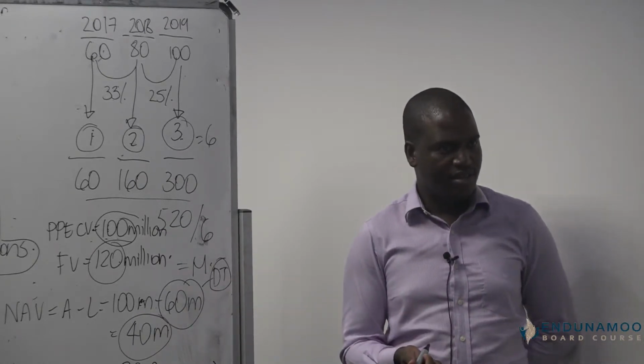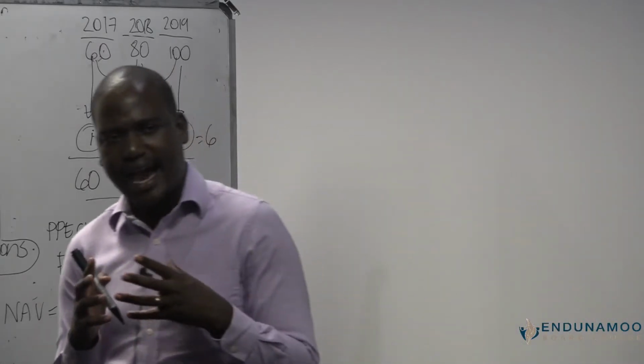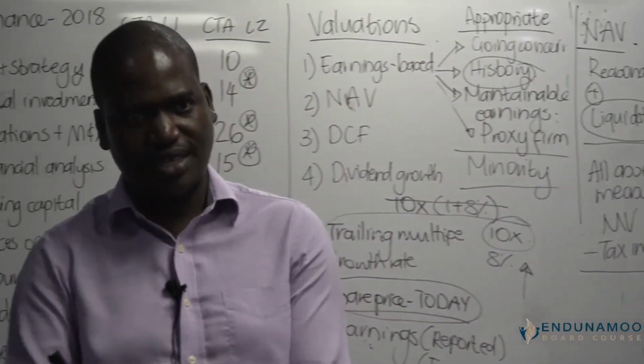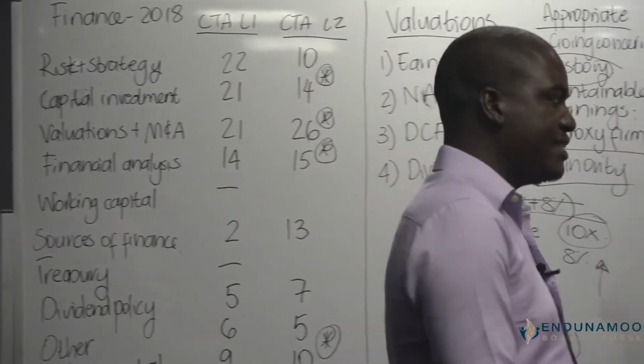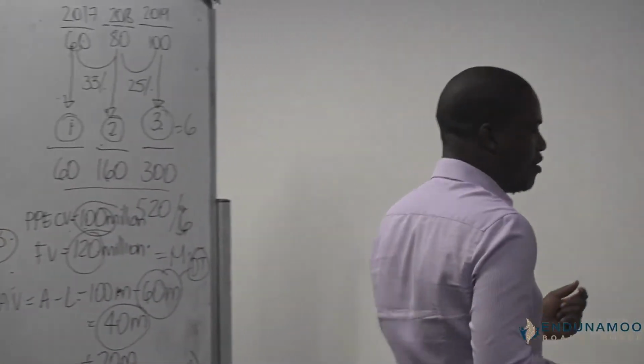So do not assume that the asset will be sold at 120 and therefore the tax effects will be for the entire 120. Assume that the other tax effects have already been accounted for, and you are only worried about the tax effects relating to the fair value adjustment.